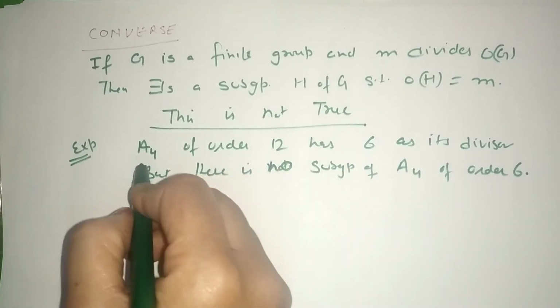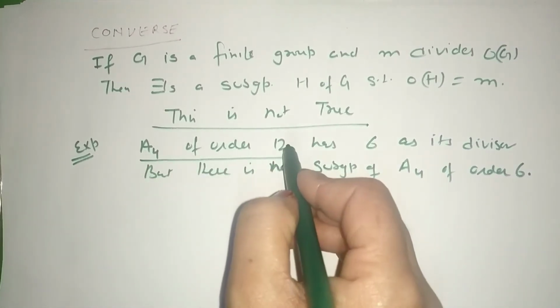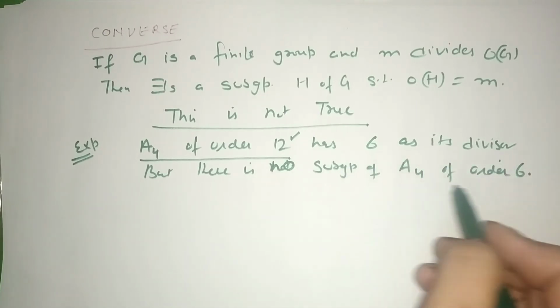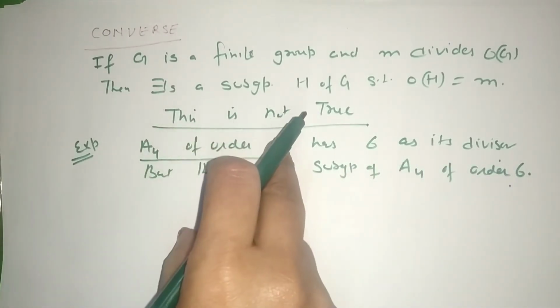So the group A4 whose order is 12 has divisor 6, but there is no subgroup of order 6. So the converse does not hold.